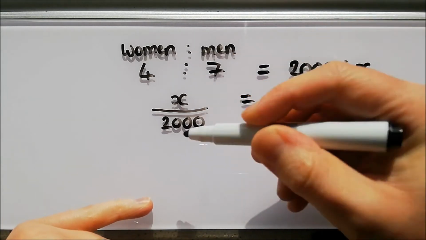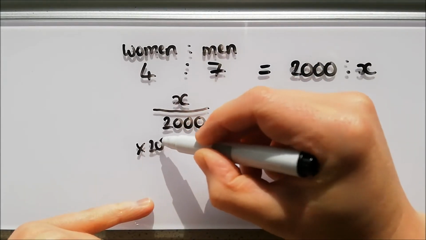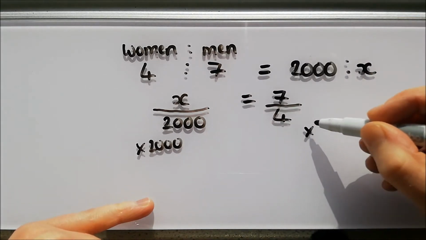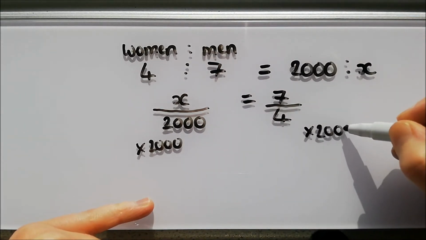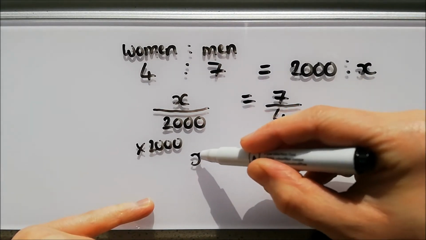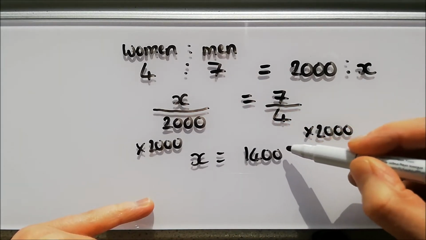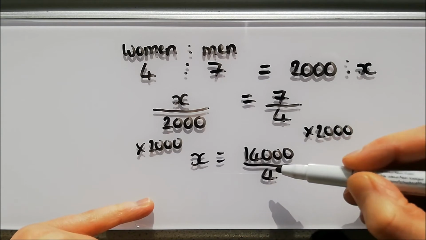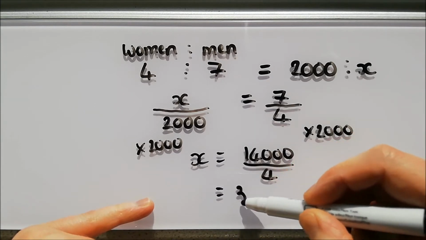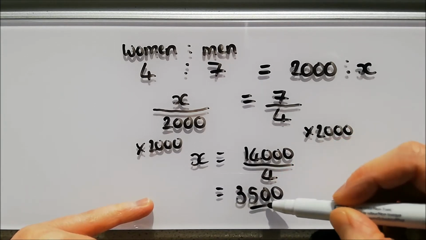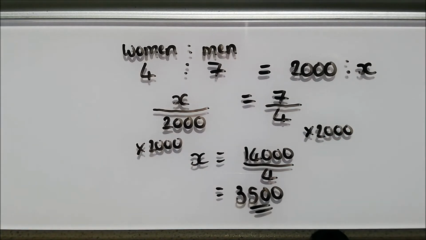And then we would undo that fraction by multiplying both sides by 2,000 to give us x equals 14,000 over 4, which would give us the same answer of 3,500 that we had when we did it using the other method. I'll show you one involving 3 parts.